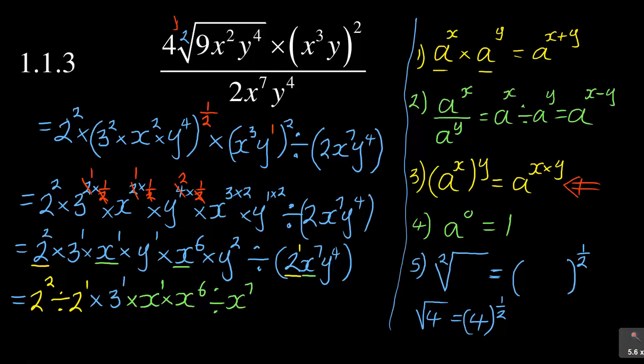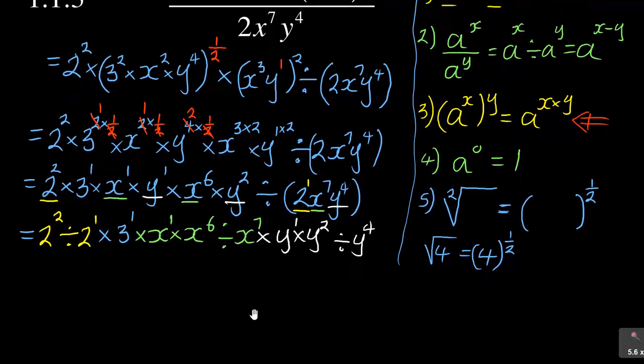And then lastly I have got the y there. So it will be times y to the power of 1, and then times y to the power of 2 divided by y to the power of 4. So this is how you could have done that.